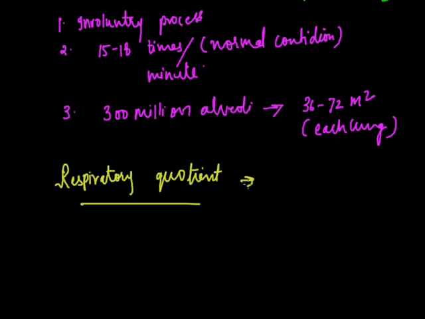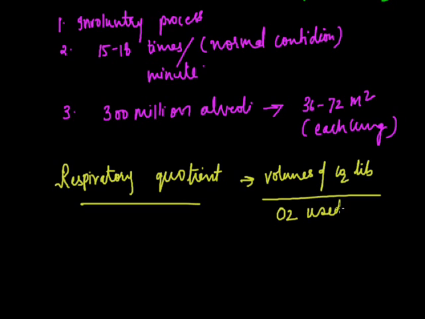It is defined as the ratio of the volume of CO2 liberated to the volume of oxygen used during respiration. So the volume of CO2 liberated and the volume of oxygen utilized in respiration, that ratio is called the respiratory quotient.